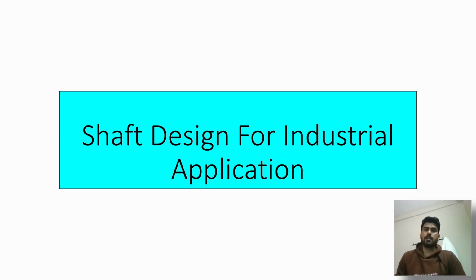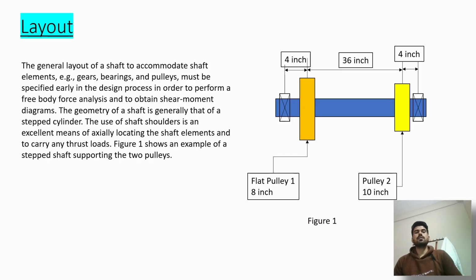So, let's quickly jump into shaft design for industrial application. First consideration is layout. The general layout of a shaft to accommodate shaft elements, for example, gears, bearings, and pulleys, must be specified early in the design process in order to perform a free body force analysis and to obtain shear moment diagrams.